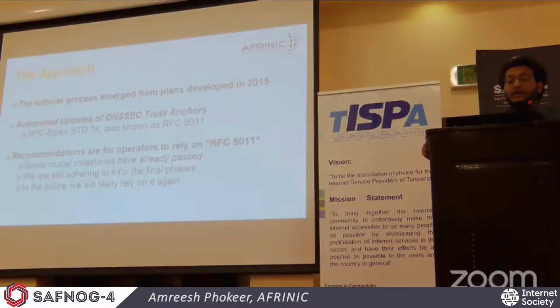The recommendation was that operators rely on RFC 5011 to get the latest key. But the issue was that not all of them have implemented this code, and they were not seeing the pickup and adoption of the new key as it should have been.